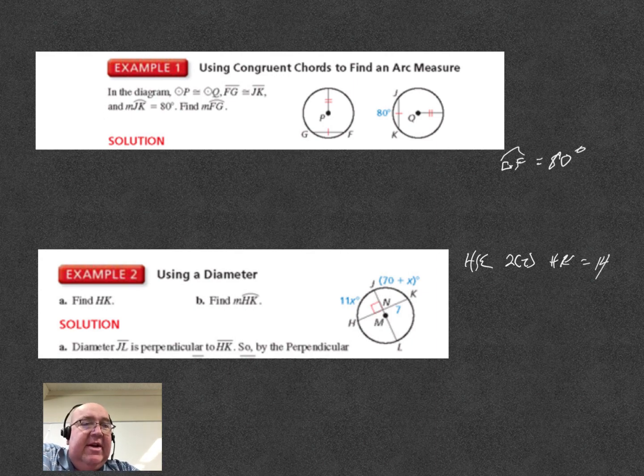And then we want to find the arcs. So we're going to have 11x is equal to 70 plus x. Subtract x, we get 10x is equal to 70, and our value of x is 7.